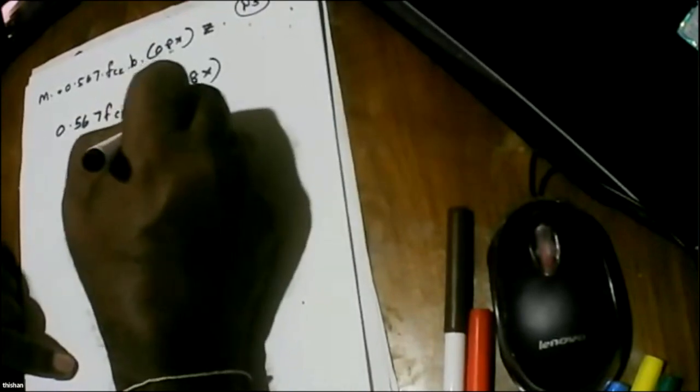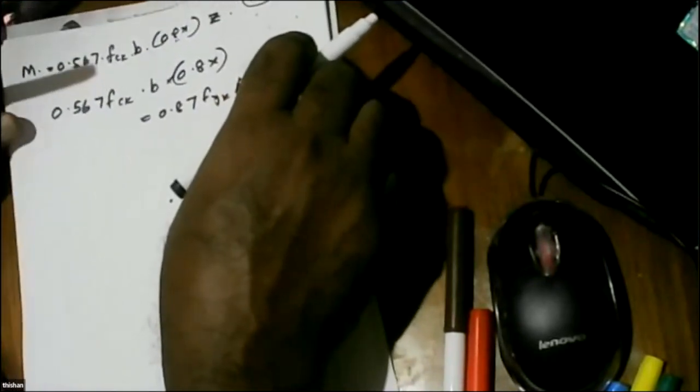M is equal to 0.567 FCK times B times S, meaning 0.8x, times Z. And if you look at the earlier equation, 0.567 FCK B times 0.8x is equal to 0.87 FYK As. So these are the basic equations.